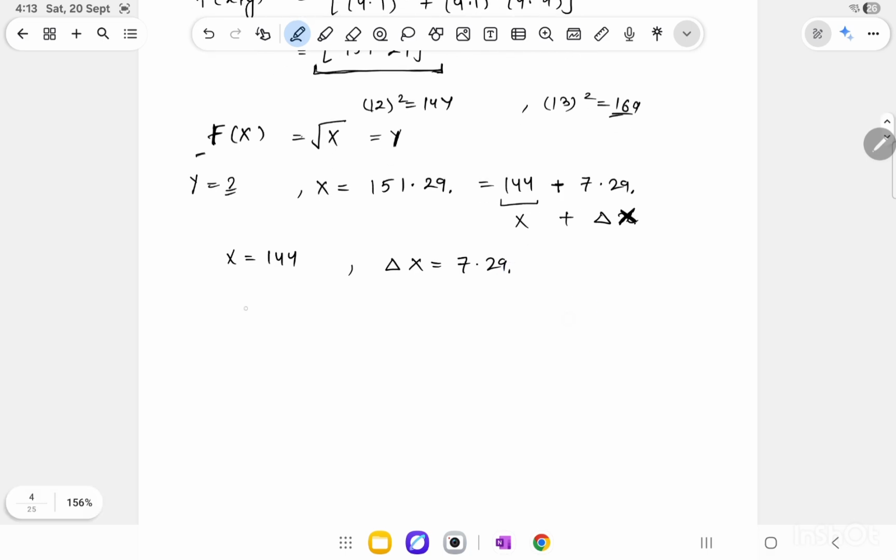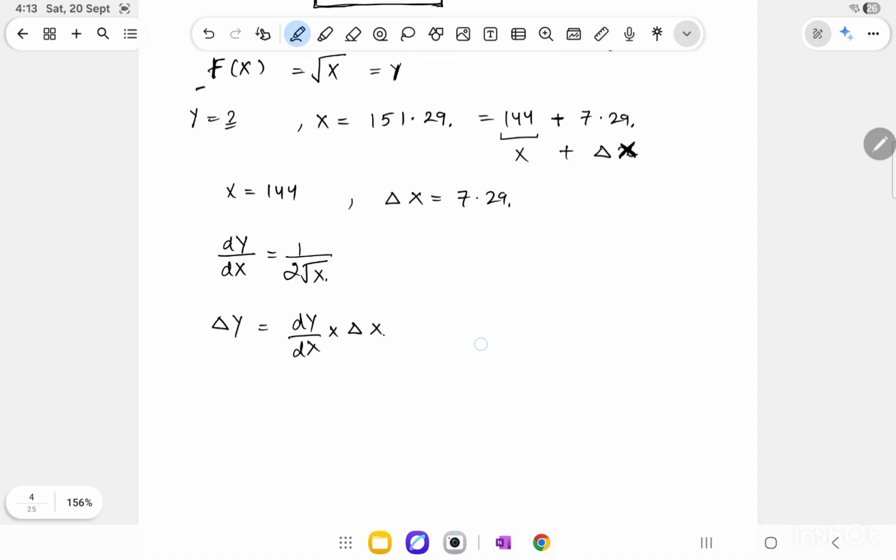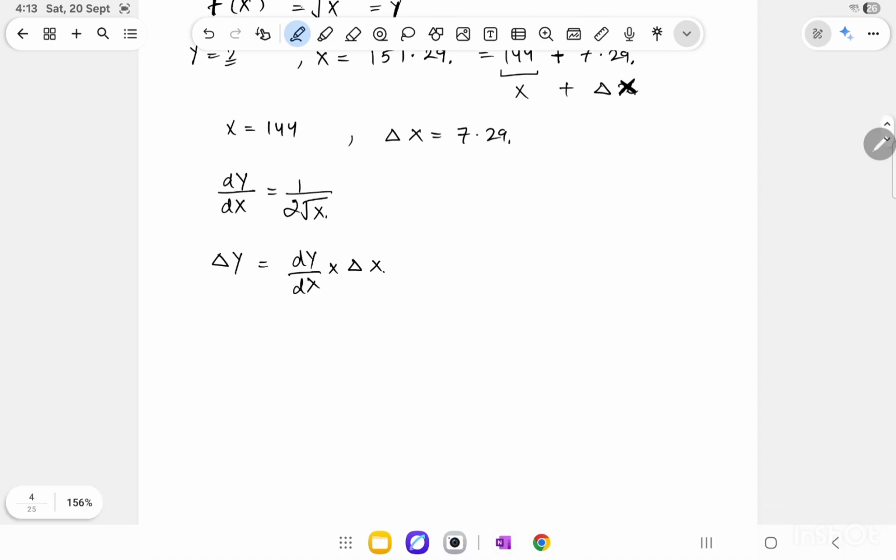Now if I calculate the derivative of y with respect to x, I'll get 1 by 2 root x. So del y will be dy by dx into del x. So I can just solve it.